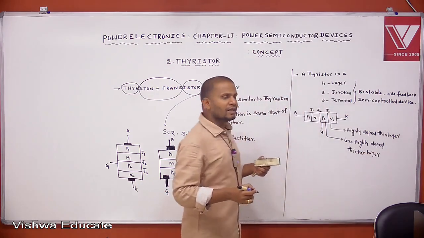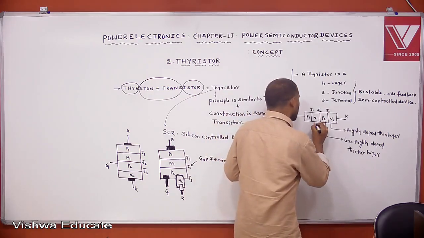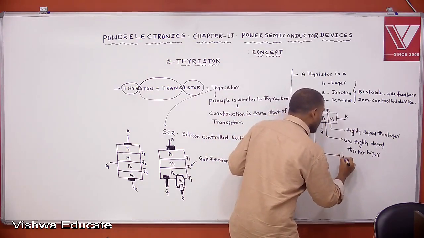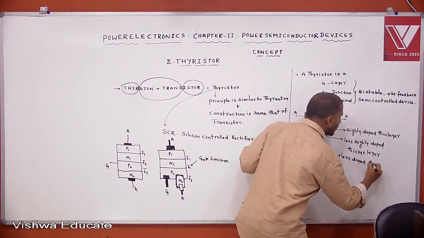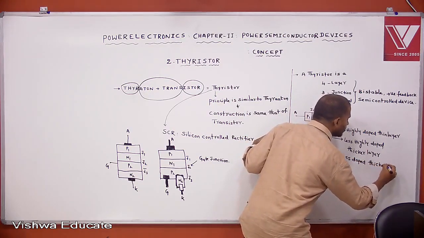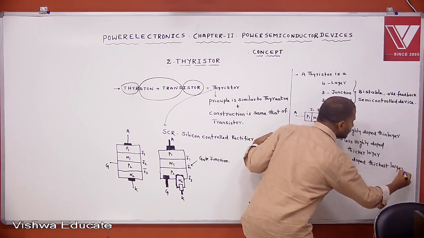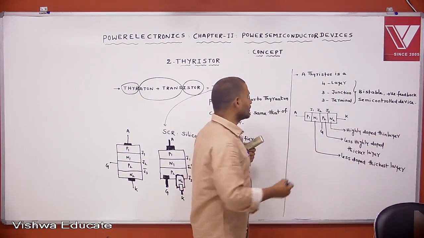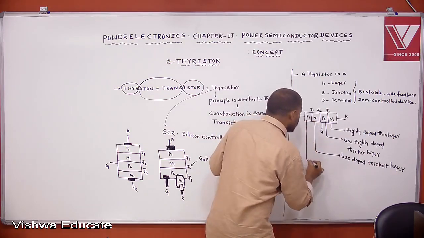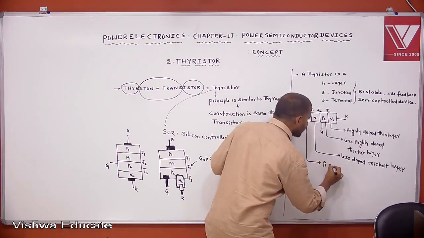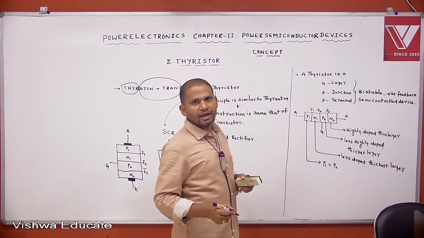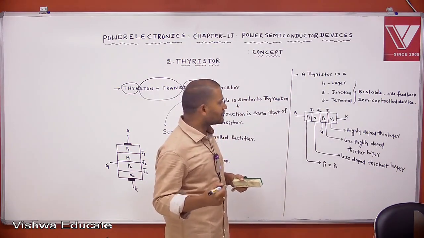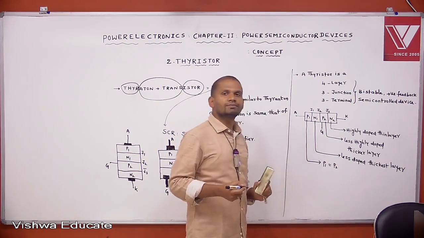Where N1 is less doped, thickest layer, and where P1 is same as that of P2. This is the doping concentration of different layers in the case of SCR.